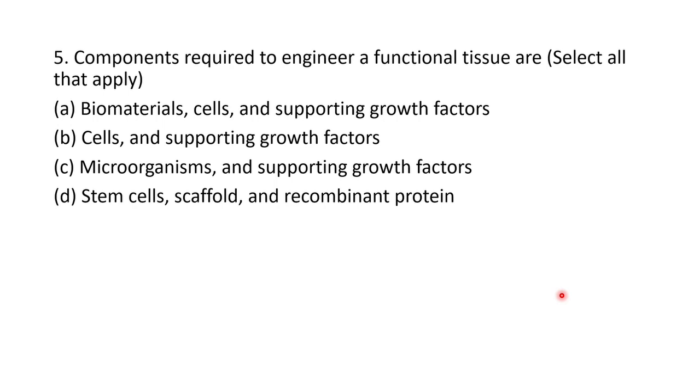Option A, biomaterial. Ma'am, it is option A and option B. Yeah, that's right. Option A, biomaterials, cells, supporting growth factors, and option D, stem cells, scaffold, and recombinant proteins. These two together are required to engineer a functional tissue.